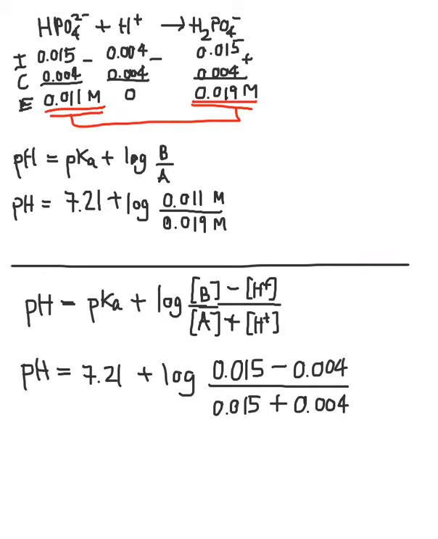So you can see that it's actually the same as what we got over here, right? So that is another method that you can use to calculate the final pH of these solutions.